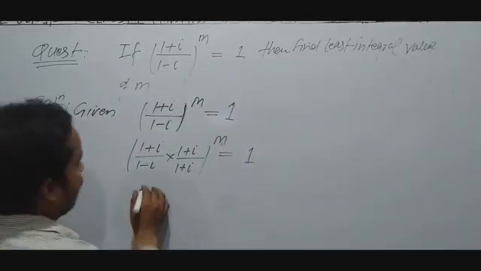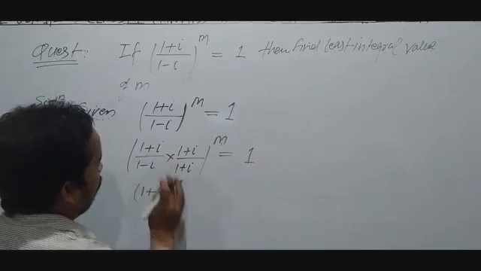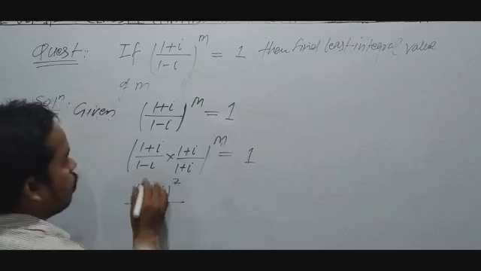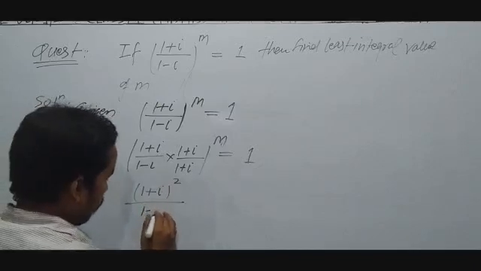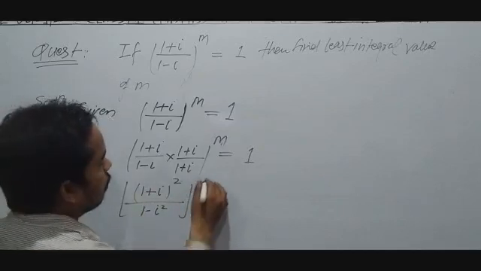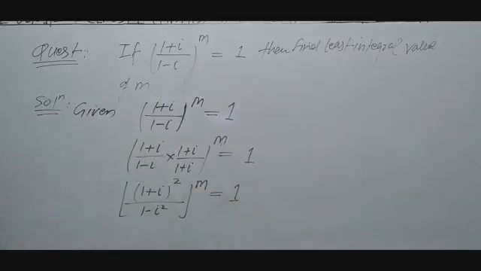This one we can write as (1 plus i) whole square whole upon (1 minus i square), power m.